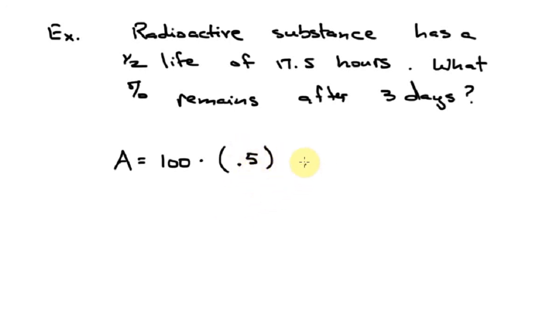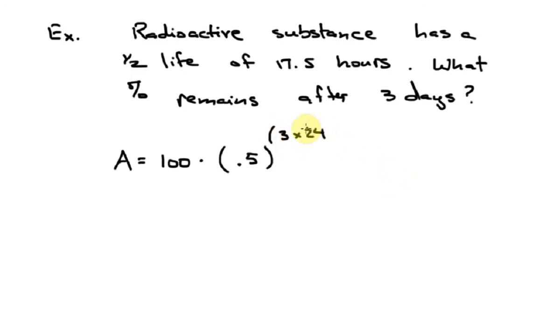All right, now the tricky part of this one is what do you put in for your exponent? How many growth cycles, or in this case loss cycles, are we going to go through? Well, the trick is first figure out 3 days in hours. So I'm going to go 3 times 24. That's how many hours the stuff has been sitting there cooling.